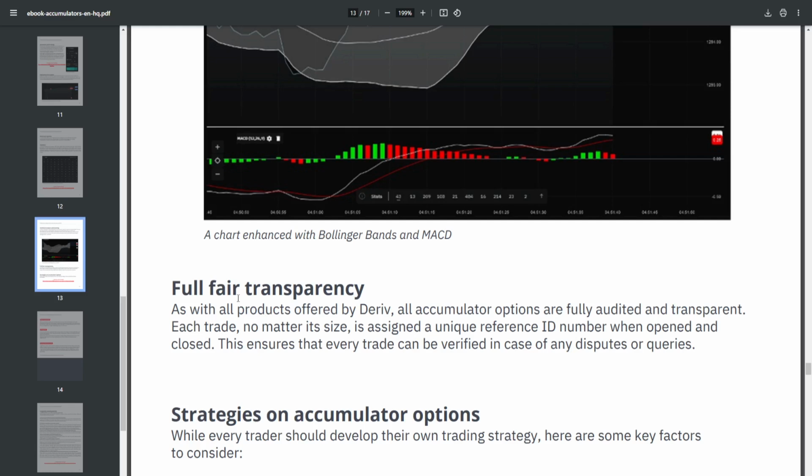And this applies to all options. For every market, every option in Deriv, they're all assigned unique reference identification numbers when opened and closed, so that in case you encounter something that does not add up, they can verify any dispute or queries that will arise. So they are full, fair, and transparent. And that is the one thing about Deriv that you should keep in mind. Once you're in Deriv, you're in the right place.